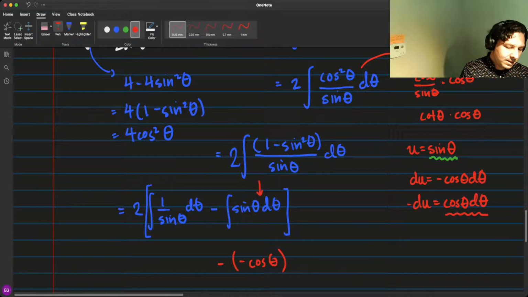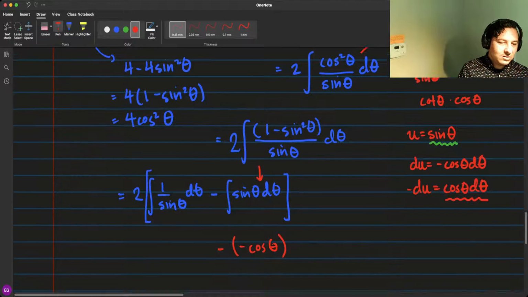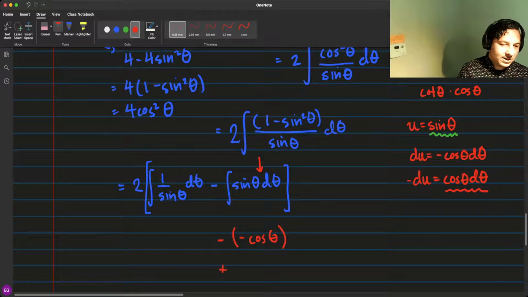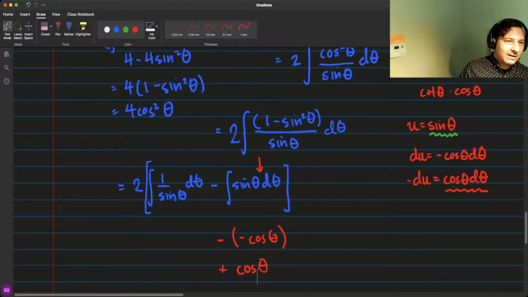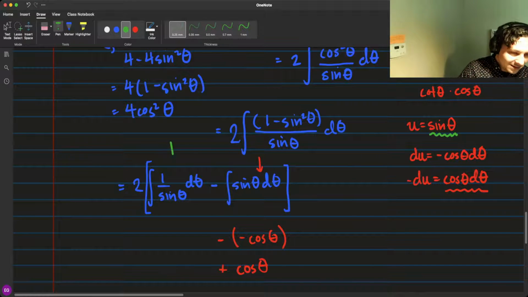But then the other one, I'm not getting the other one. Okay, the other one's a little tricky. Okay, so I've got that piece. Okay, and those two minuses are going to cancel out to be plus cosine theta. Okay, now we've got to get this one.